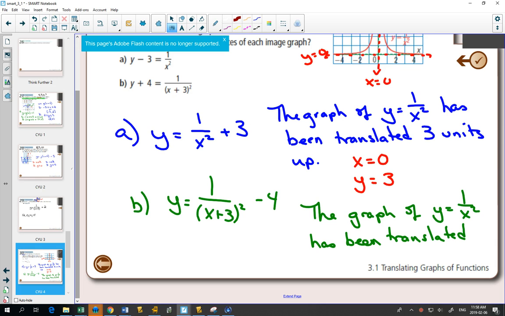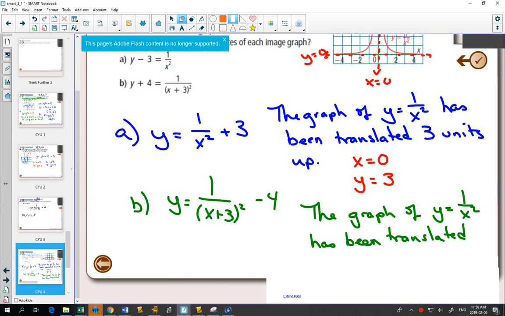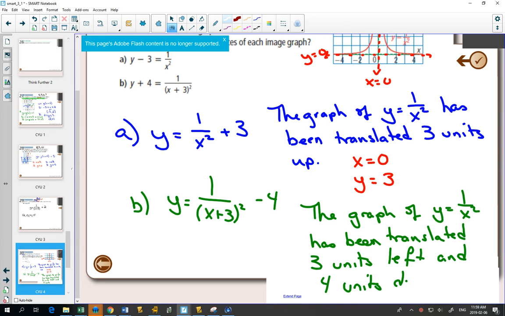Well, the plus 3 is where the x was. That's inside the function. I would describe that as going 3 units left, and the minus 4 would be 4 units down.